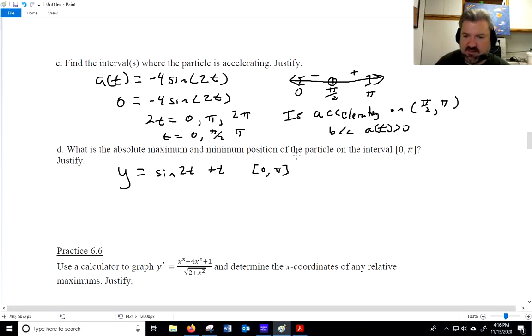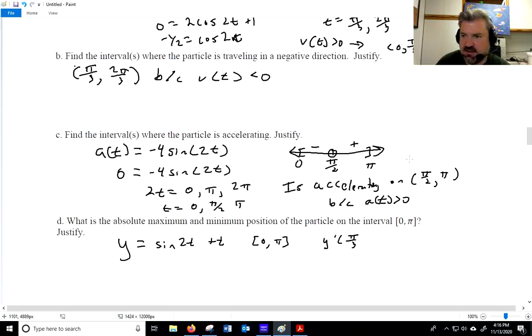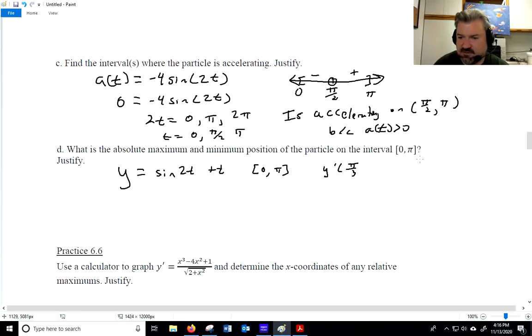And we did find that we had critical numbers. We found that y prime at pi over 3 and 2 pi over 3 were both critical numbers. They equaled 0. All right, so let's just evaluate. Y of 0 is 0.